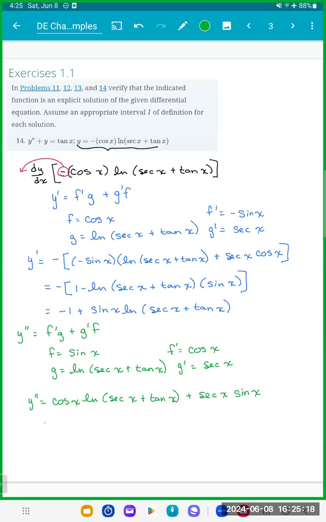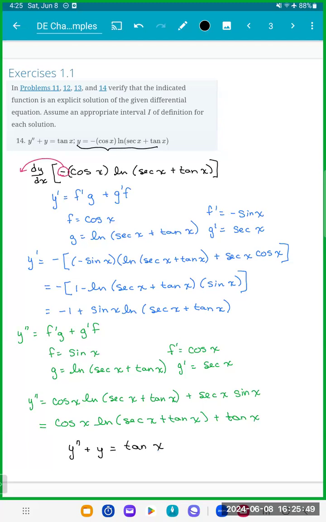So we can simplify that a little bit. So we have our cosine of x ln secant x plus tangent x plus our tangent of x. Okay. And so if you go ahead and put that back into our original, remember we wanted to show that y double prime plus y is equal to the tangent of x.